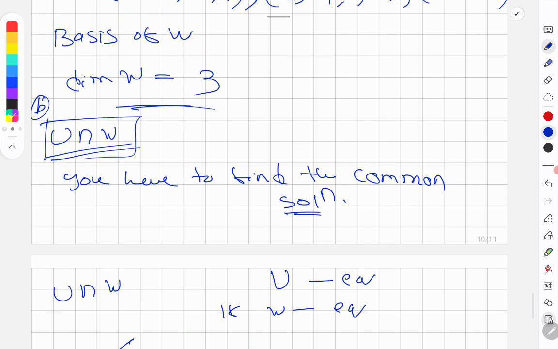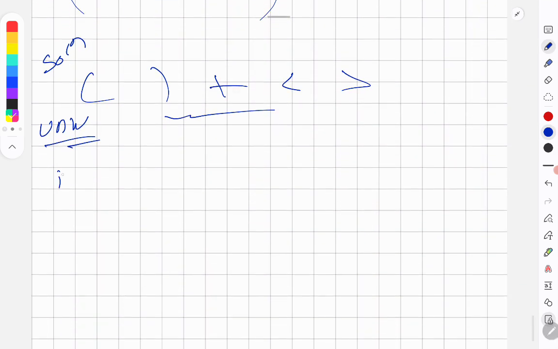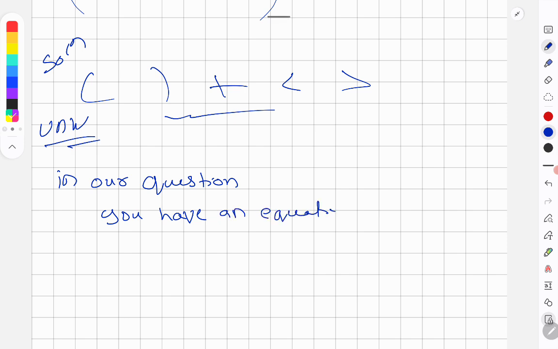But now you have a general point in our question. In our question, you have an equation and a generic point, right?